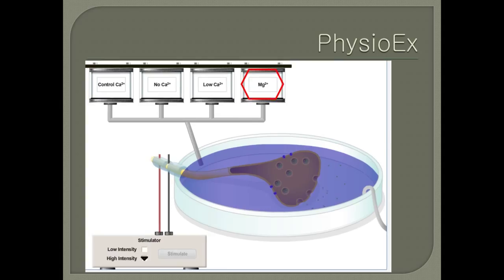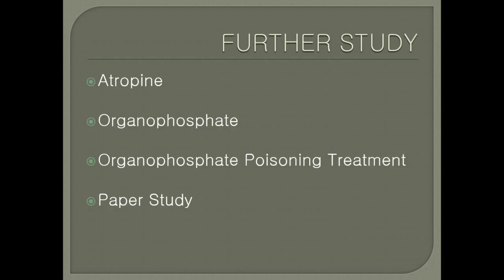Slide 18 has the same result as slide 16. The slides above are what we studied in veterinary physiology. However, we couldn't understand what we wanted, so we researched more about atropine, organophosphate poisoning treatment, and related papers.